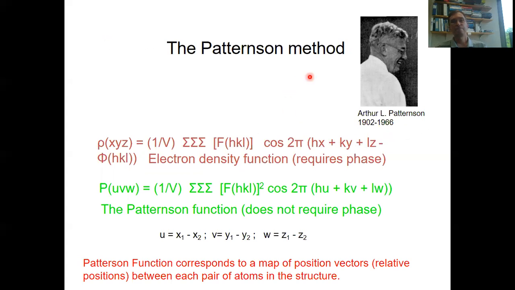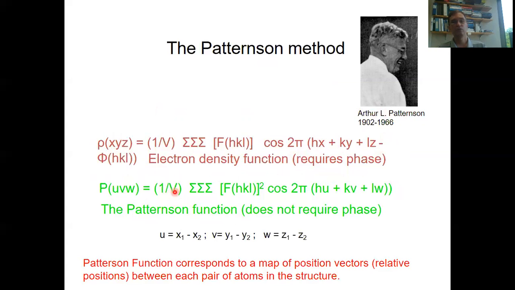So Arthur Patterson noted that while the electron density function requires the knowledge of the phase of the diffracted X-rays, a related function named after him, the Patterson function, actually does not. You see here the Patterson function, and it's very similar to the electron density function.